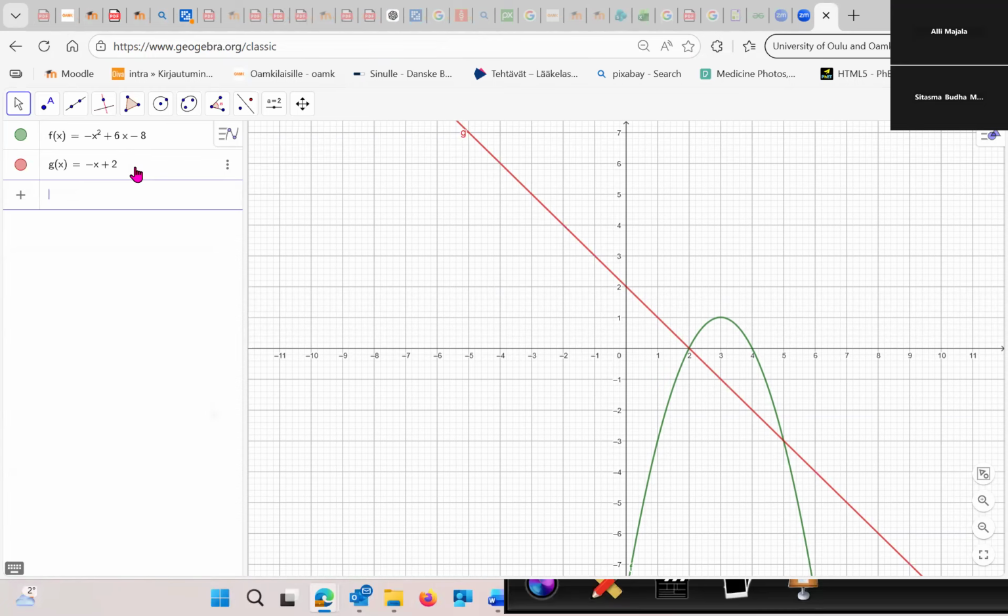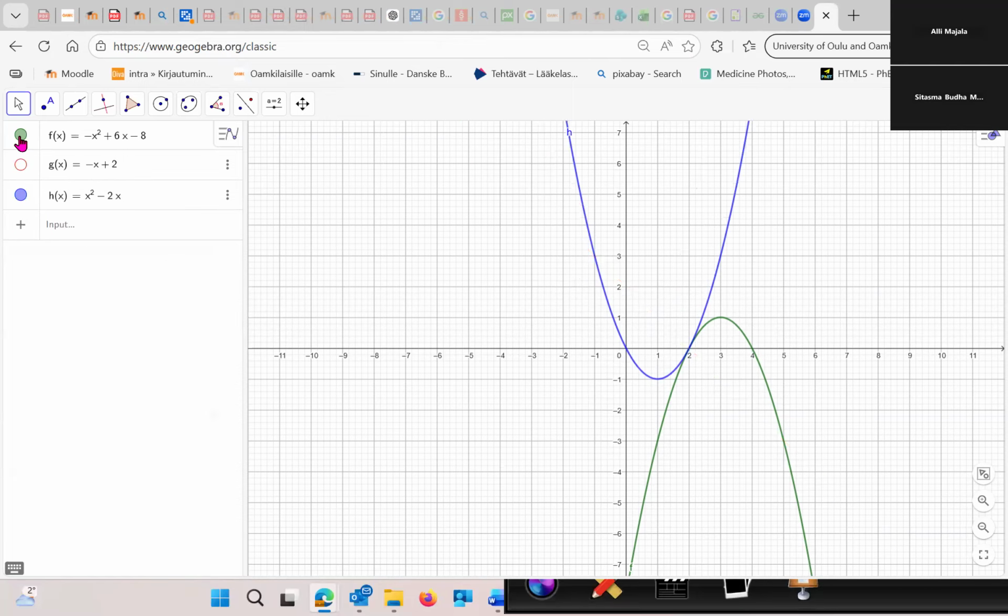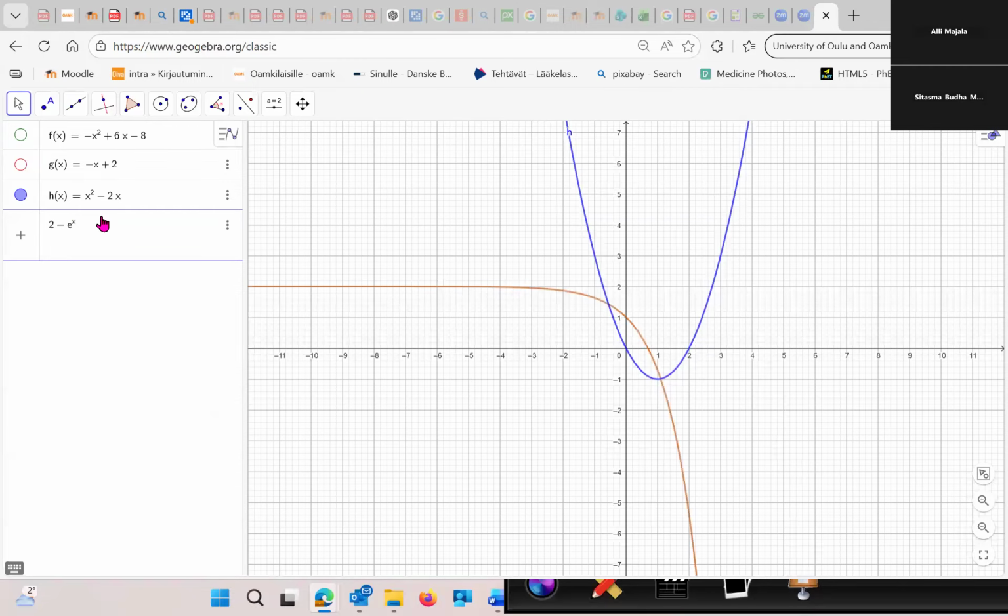So I would have x to the power of 2 minus 2x. Let's put these away. And the other one would be 2 minus e to the power of x. Like that.